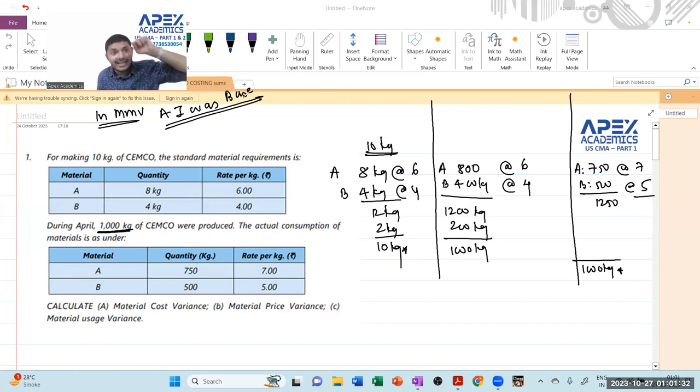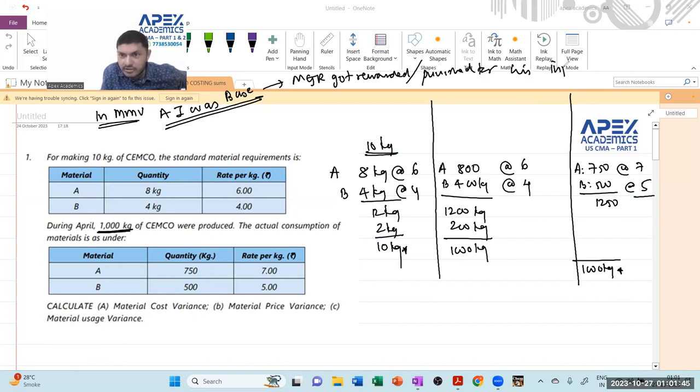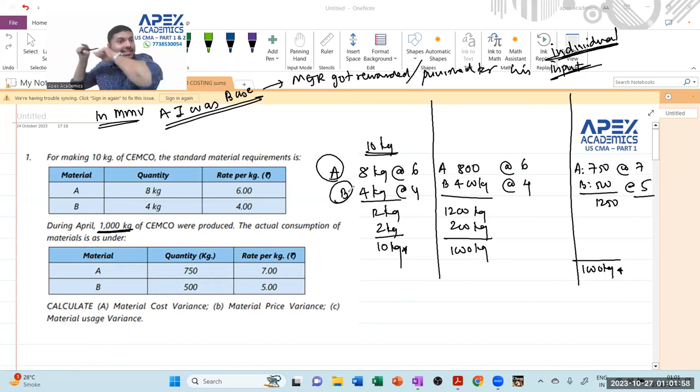So what did the manager get punished for? The manager got rewarded or punished for his individual input consistency. Please pay attention. What is individual input? First individual input A, second individual input B. How much A he is putting, is that consistent?